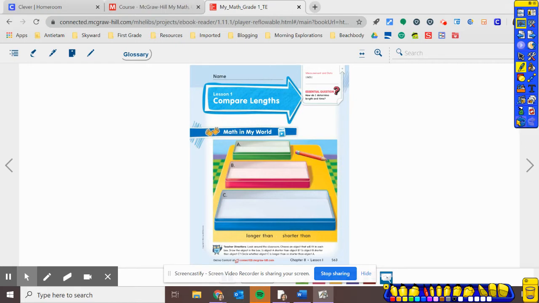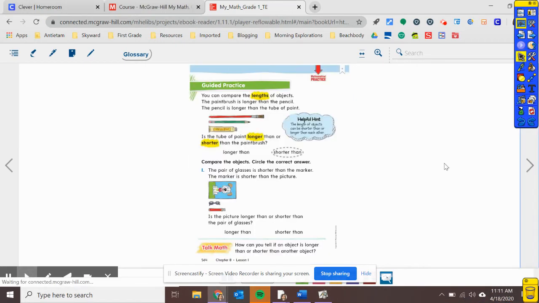All right, let's move on to the next page and keep learning about length. So up at the top here, it says you can compare the lengths of objects. Now it's going to tell us all about these three objects up here. The paintbrush is longer than the pencil, and you can see that it's longer. And notice again how they're all lined up in the line over here. So the paintbrush is longer than the pencil, and the pencil is longer than the tube of paint.